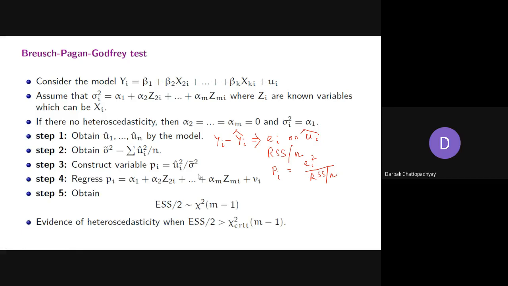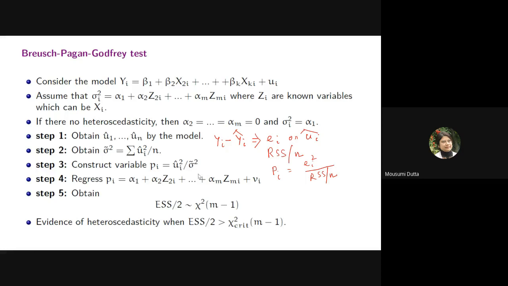Is it my choice what m will be and what the z's will be? It will depend on the particular problem you are applying this to. From the research context, we will get the idea.